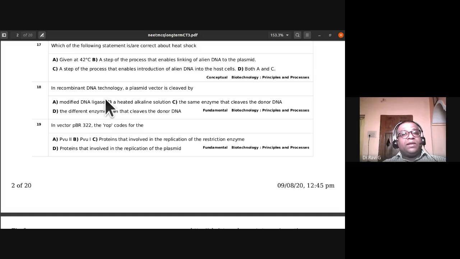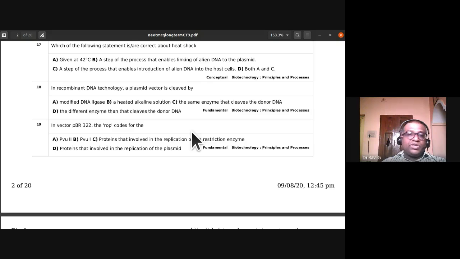18th one: in recombinant DNA technology, a plasmid vector is cleaved, okay, cleaved means cut, by modified DNA ligase, heated alkaline solution, the same enzyme that cleaves the donor DNA, or a different enzyme that cleaves the donor DNA. Which is the answer here?